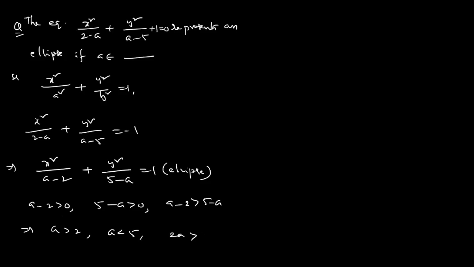2a is greater than 7. So a is greater than 7 by 2. What the answer is coming, anyone? Yeah, correct. So from this case, what you can say? Two less than a less than 5. But 7 by 2 means what here?